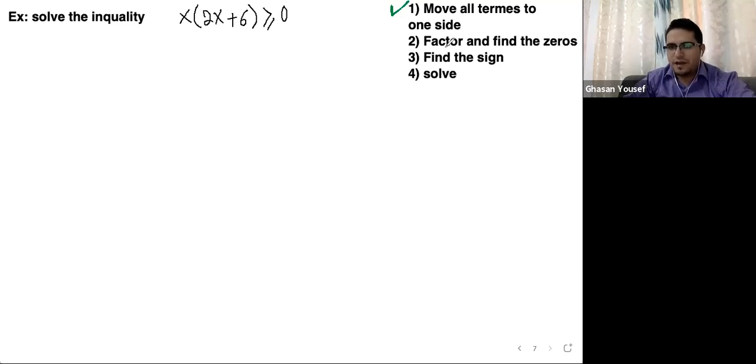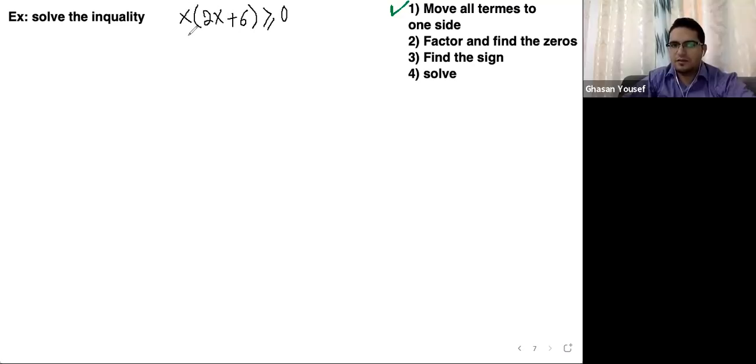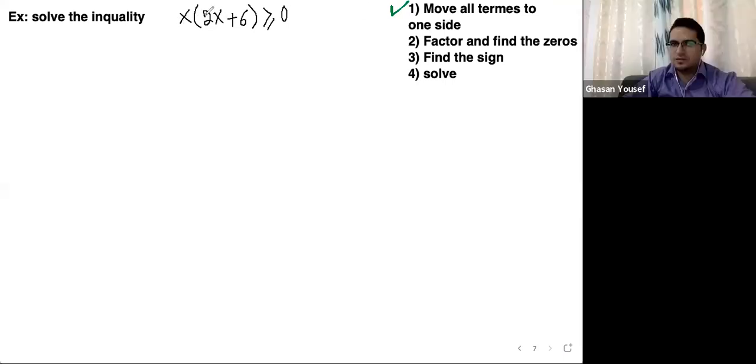Second step, factor. How can we factor? You can do x equals 0. That's one factor. No, I mean how can we factor this one. Before, this is to find the zeros. But how do we factor before we find the zeros?